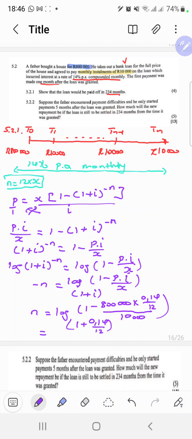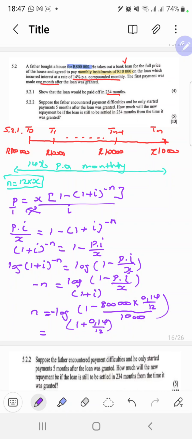So now we can just punch this. This is minus log, by the way. Sorry, guys. Multiplied by negative. So let's see, minus, very well, minus log. Let's choose the complicated log. The base there is 1 plus 0.14 over 12. We get to the number there.